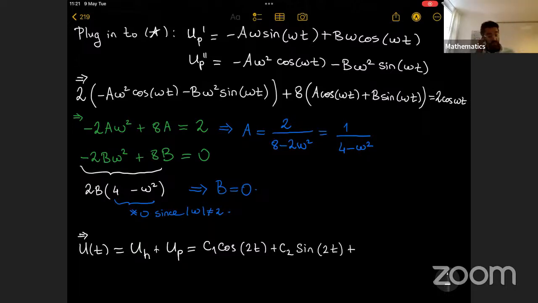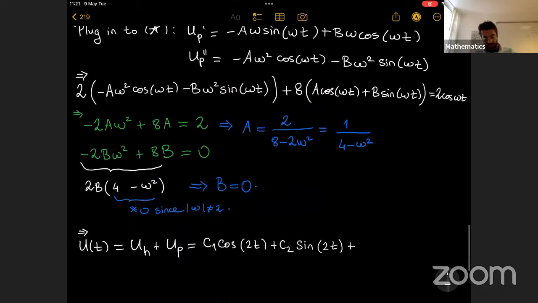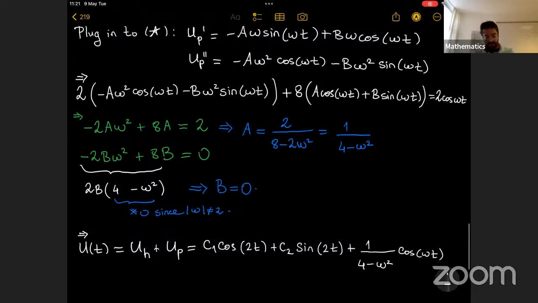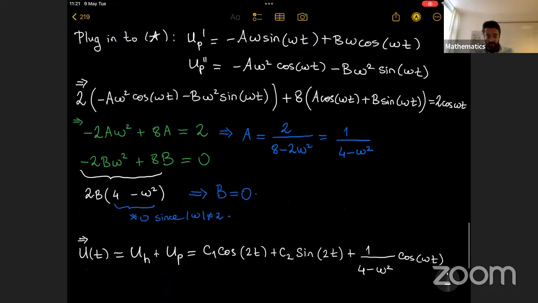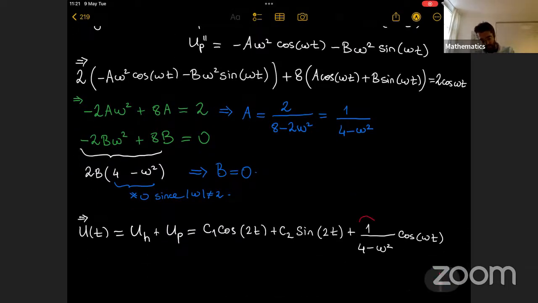And the particular solution is now, we know A and B: A times cosine wt, 1 over 4 minus w squared times cosine wt, plus b times something, but b is 0, so that's it. So this is our particular solution, u sub p.